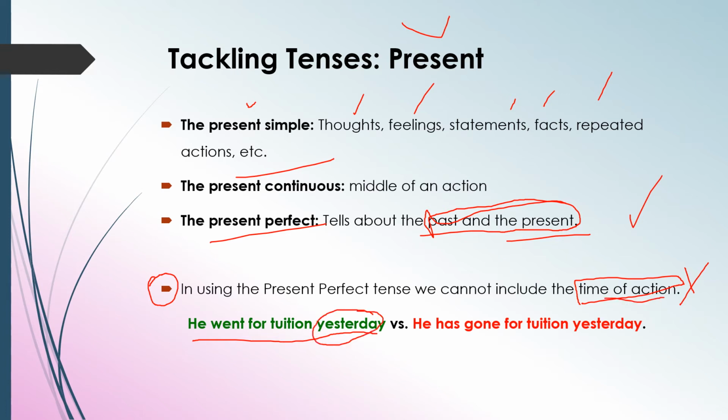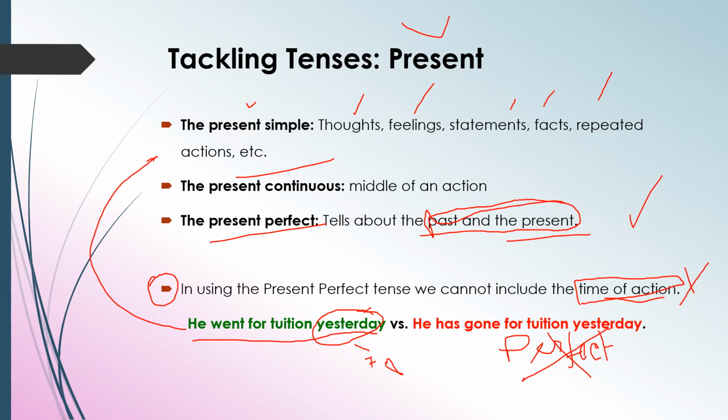When you are referring to a time of action, maybe 7 p.m. or 8 p.m. or tomorrow, you can do that when you are specifying that time of action in the simple present form. But you cannot do that in the perfect form. That will be considered as incorrect.